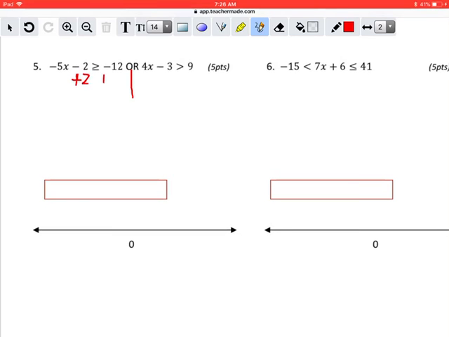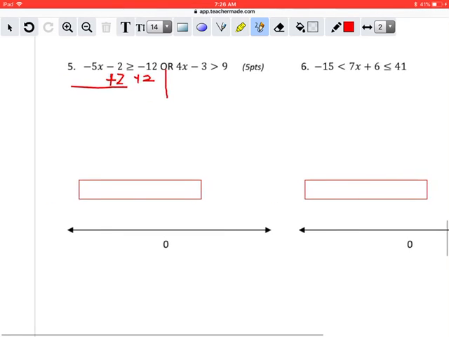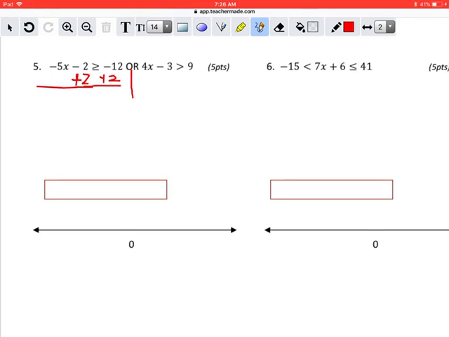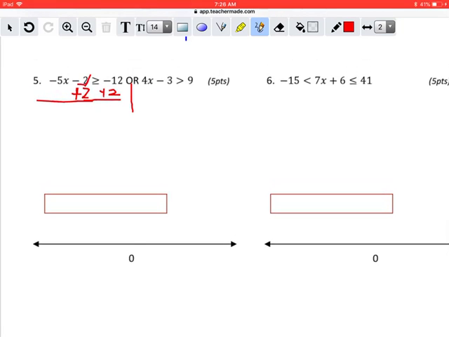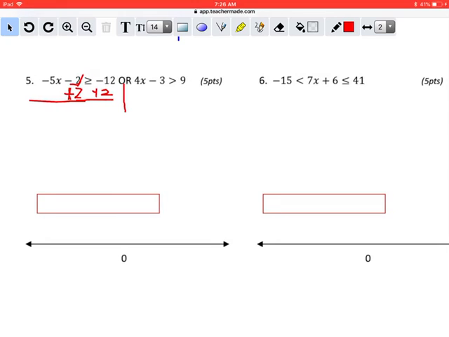So I'm going to add 2 to the other side. And I get negative 5x greater than or equal to negative 10.